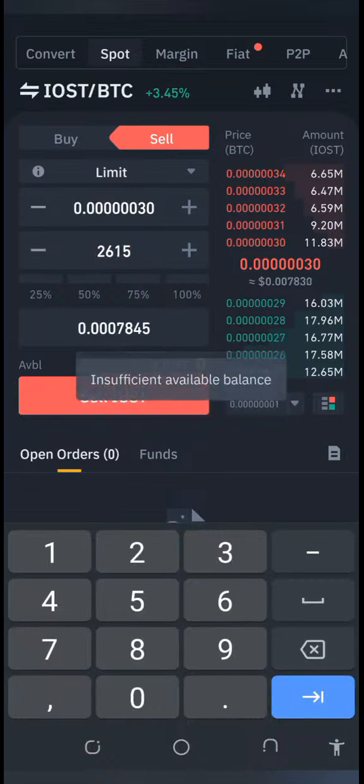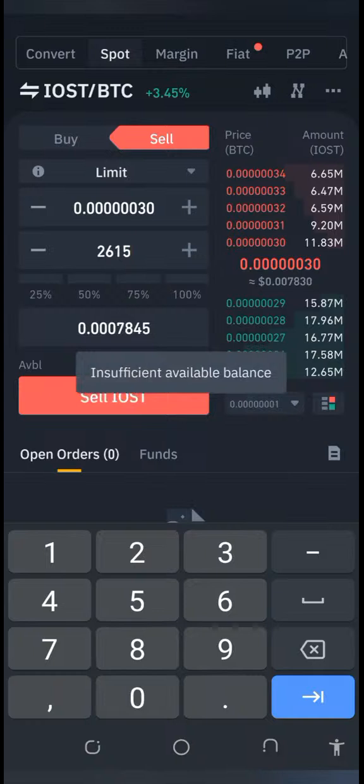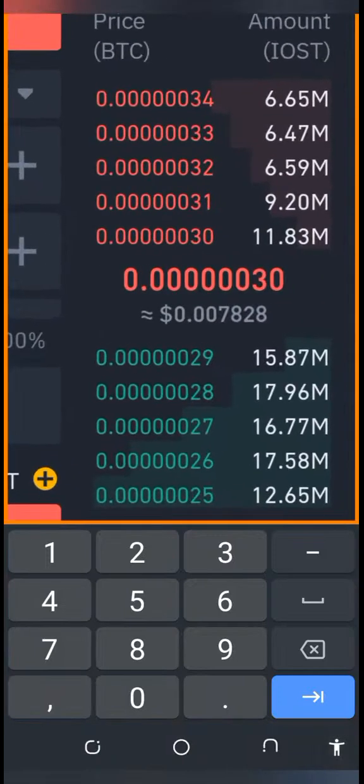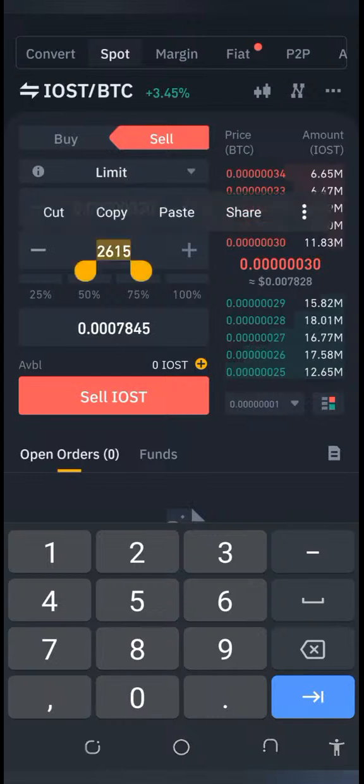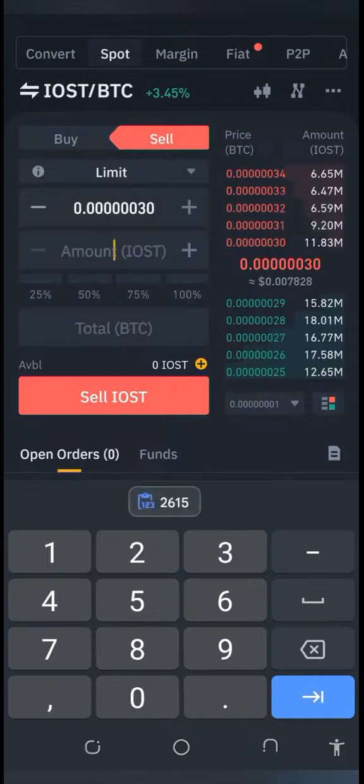Okay, all right, so we have 7845. Now I don't know what this is, but first off, I have 2615. Would I be able to sell that? That means I'm going to have to pick this. If I have to get this sold quickly, I have to pick the lower price. So if I pick the lower price, will there be any profit?